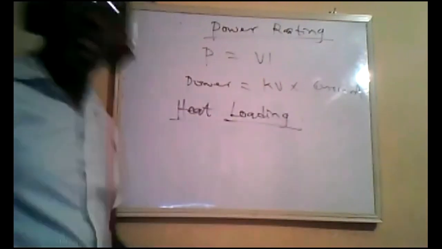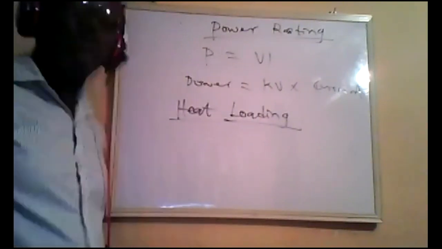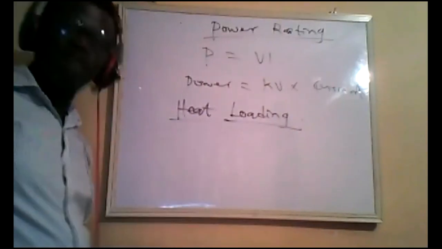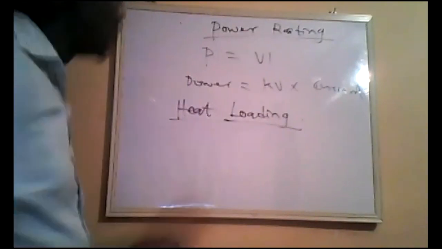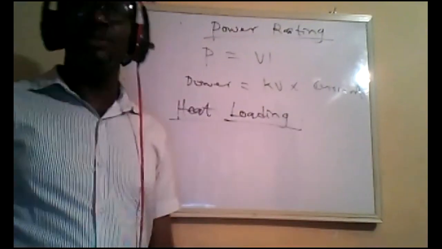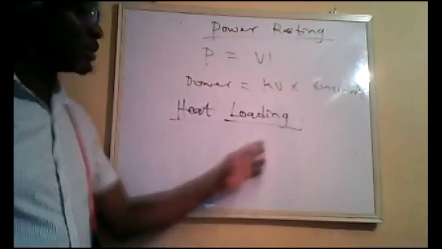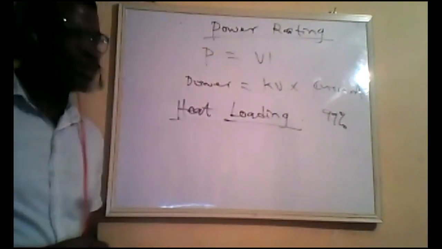So the heat loading is a way of telling us how much heat is produced for a particular exposure. Heat is a form of energy, because during the thermionic emission, the electron moves towards the atom and collides. 99% of the time, the electron collision leads to heat.